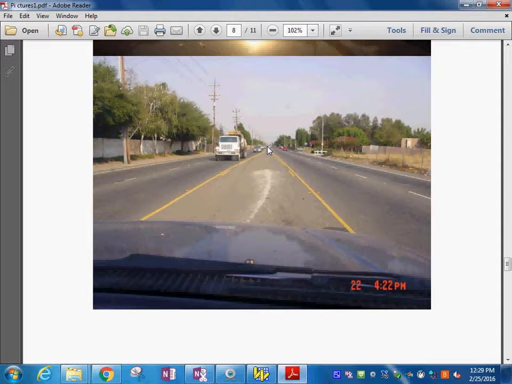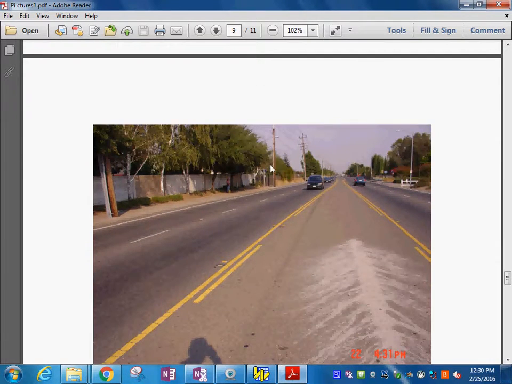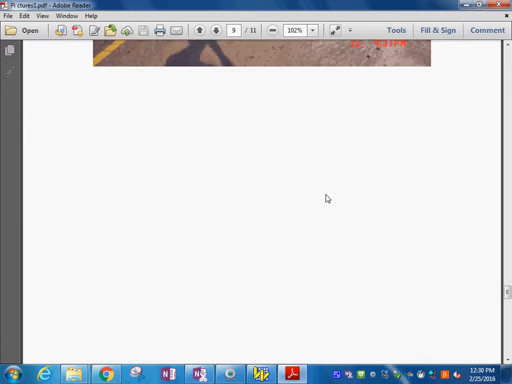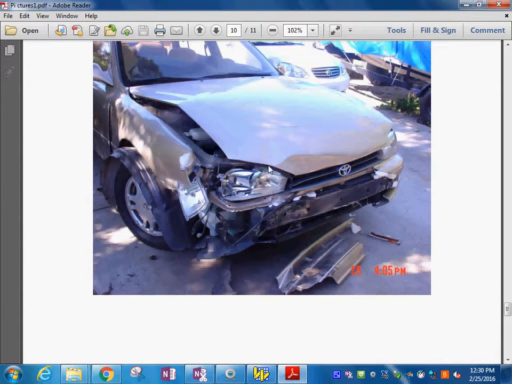This is again another view of the Camry car. I think one thing we can conclude is that there is no damage on this side, right? There's really no damage on this side. The damage occurs on this side.